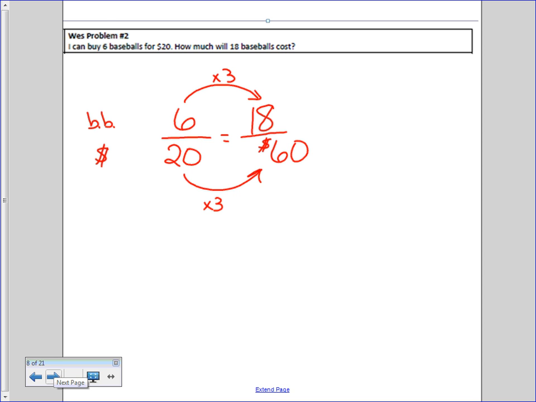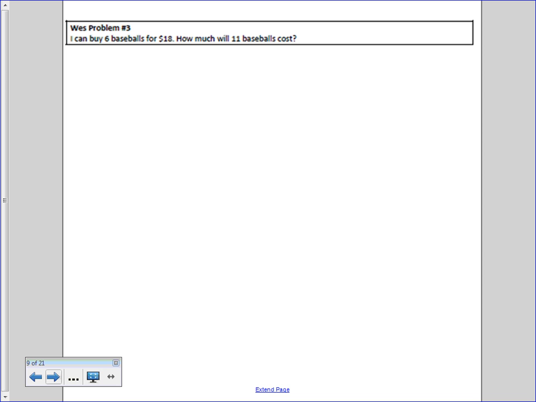Let's do another practice problem. Back to buying baseballs. I can buy 6 baseballs for $18. Again, I have my baseballs on top, my money on the bottom. How much will 11 baseballs cost? Again, I look and I notice this does not come out evenly.